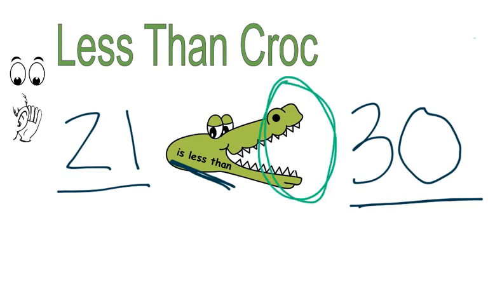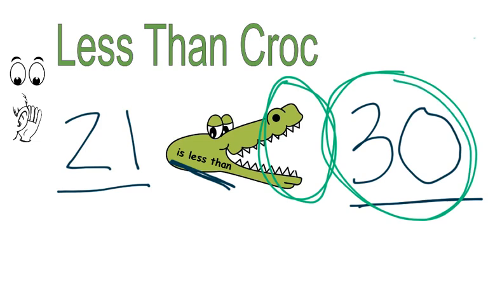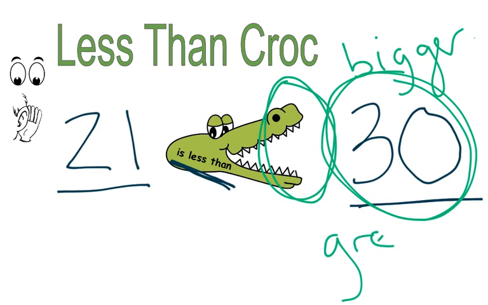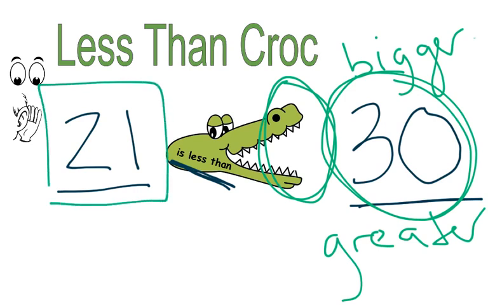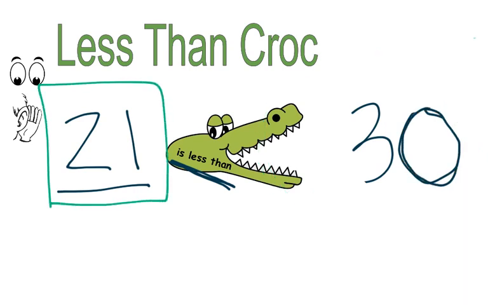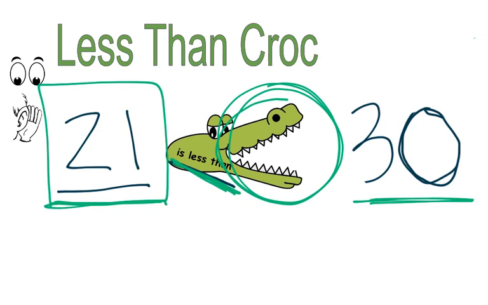His mouth is open to the 30 because it's the bigger number. This number is greater than. But because we start on this side, we read it as 21 is less than 30. Okay, does that make sense? So the mouth, wherever the mouth is on the crocodile or alligator, is the bigger number. Wherever his body is, the smaller number. No matter which direction, okay?